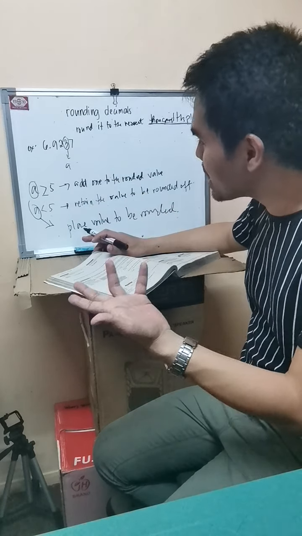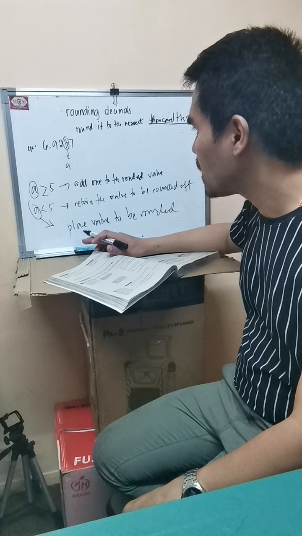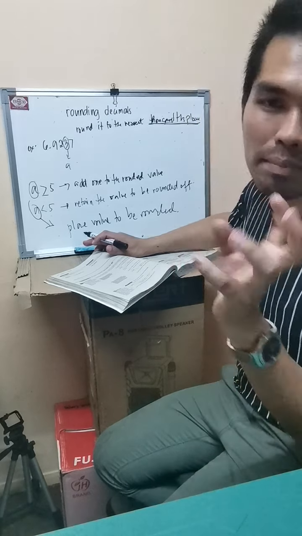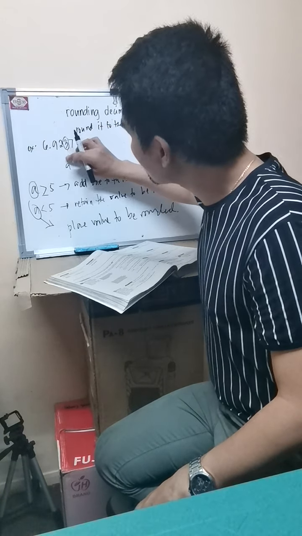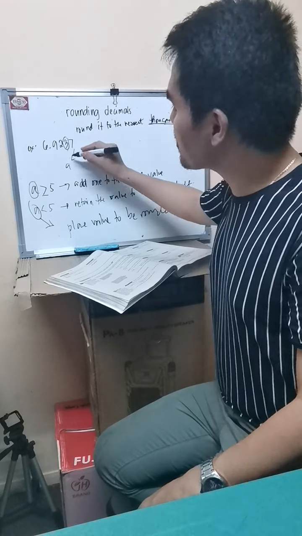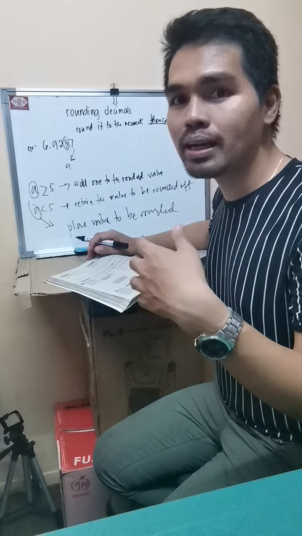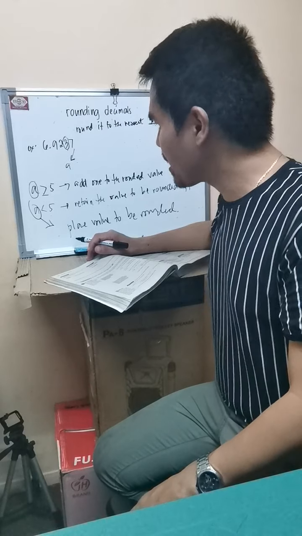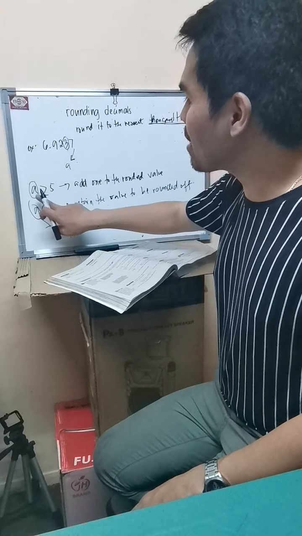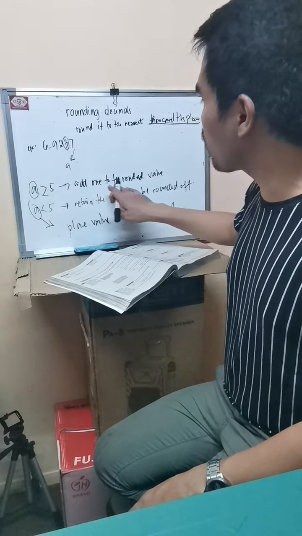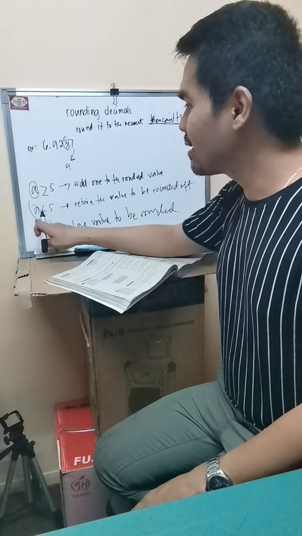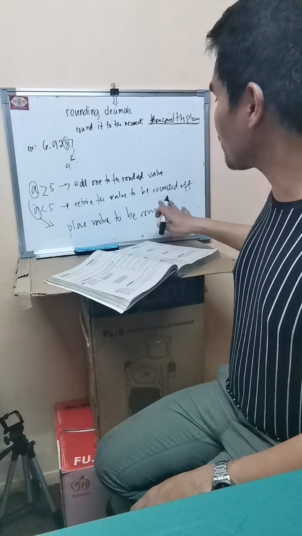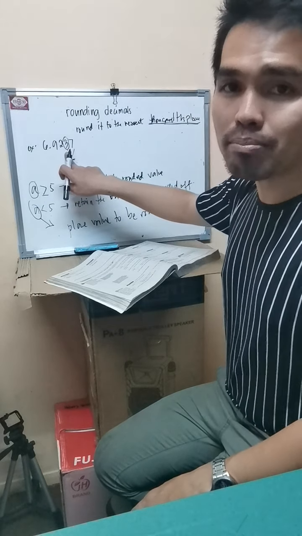No, let me rephrase that. A here is actually this one. This is the A, the number after the number to be rounded off. So 7. Accordingly, if A is greater than or equal to 5, then add 1 to the rounded value. And otherwise, if it's less than 5, then retain the value to be rounded off. So this is the number that we have to round off.